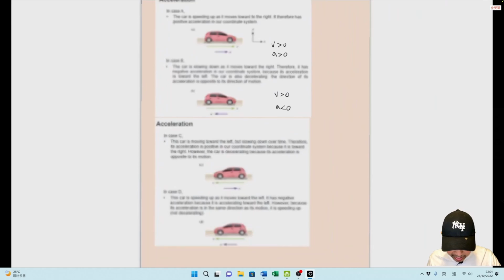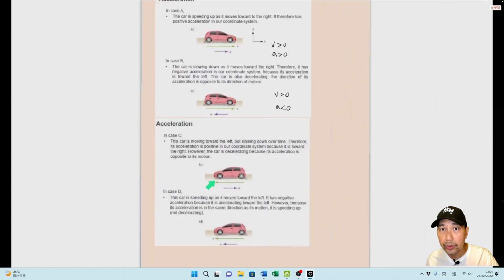In case C, the car goes to the left hand side, so V is less than 0. V is less than 0 for both case C and case D. In case D, the car is speeding up, so we keep the same sign of velocity and acceleration, so A is less than 0.